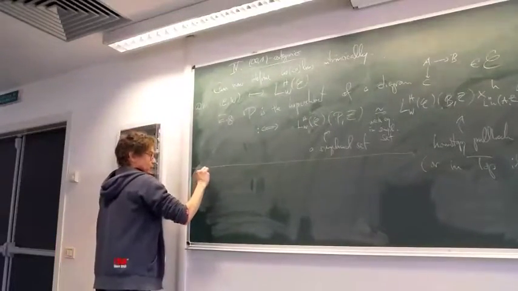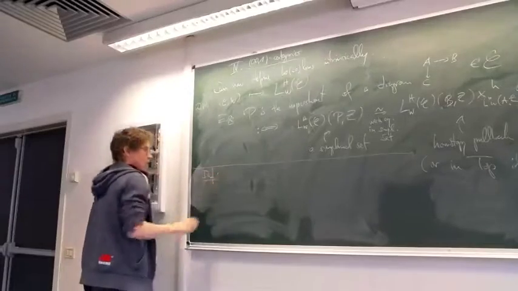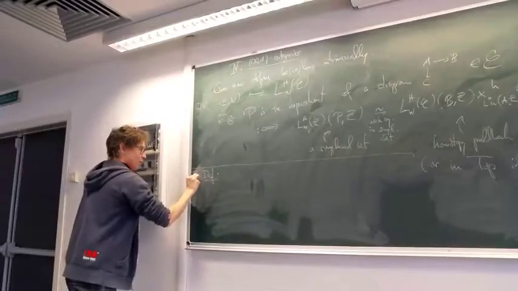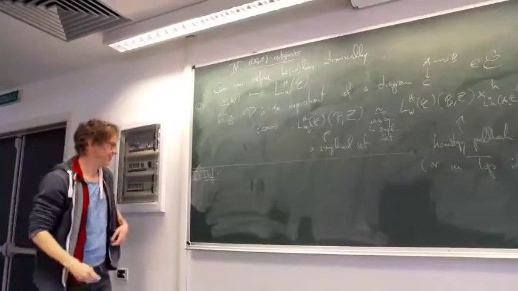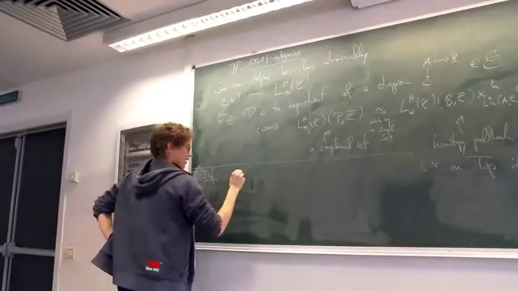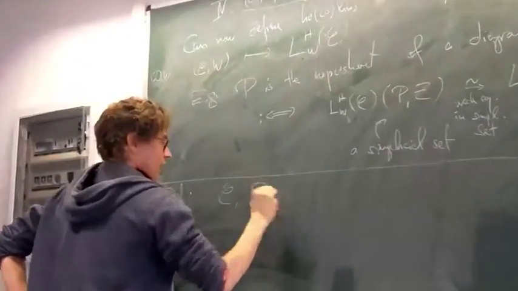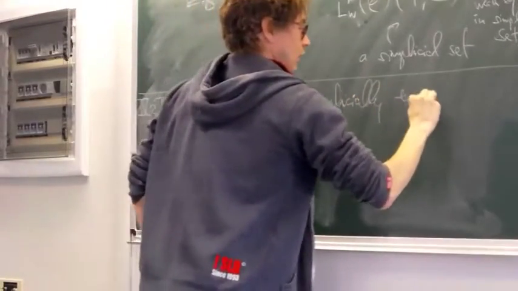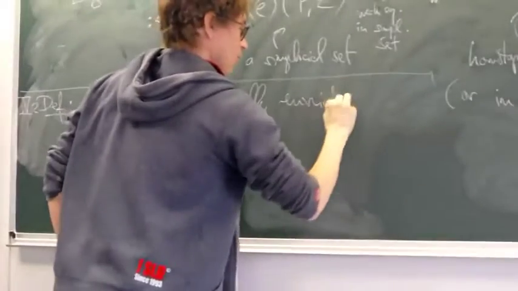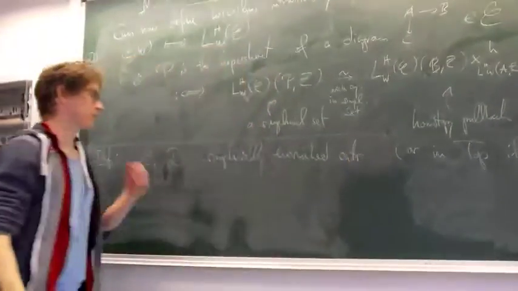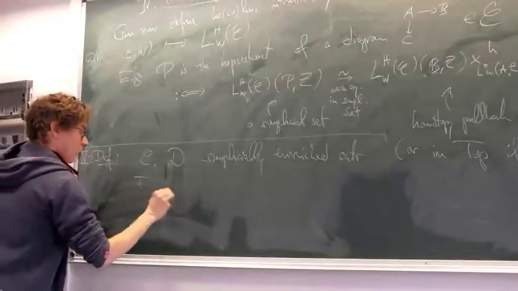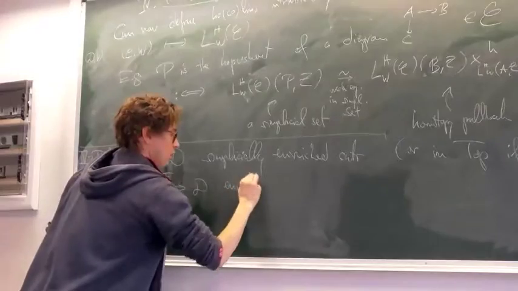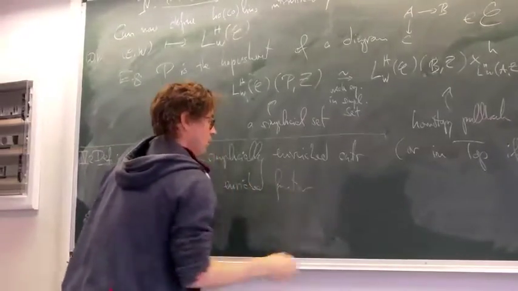So let me define this next. Where am I with my numbering? Probably not very far. So if I have simplicially enriched categories, and I have an enriched functor, what does that mean?